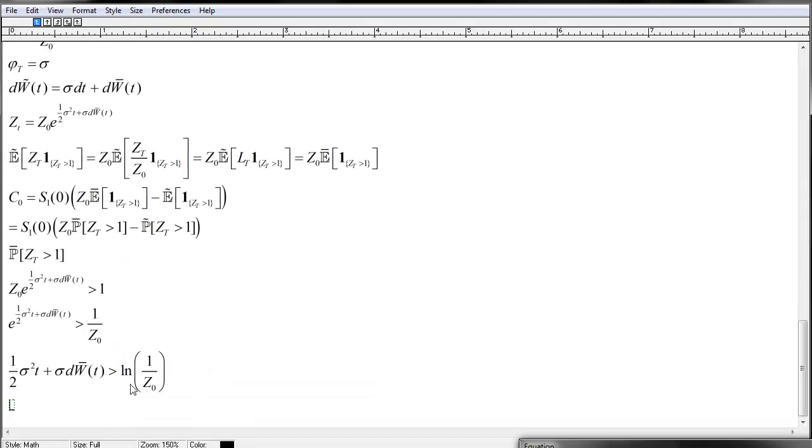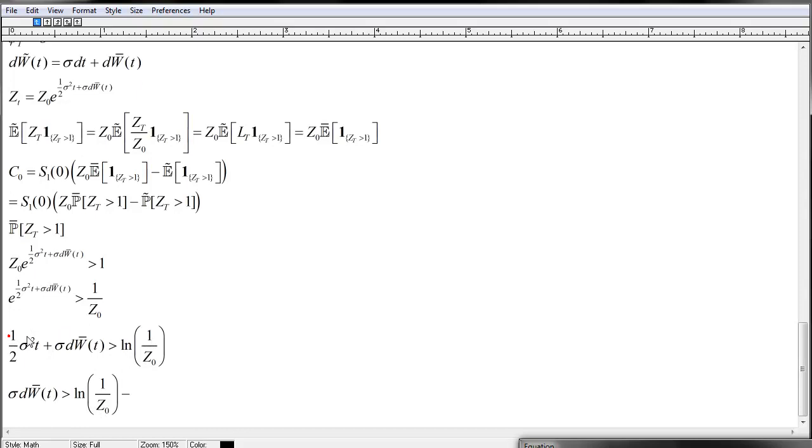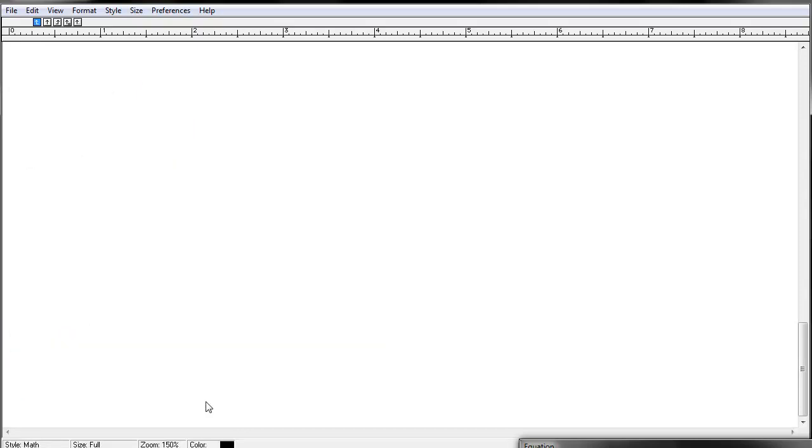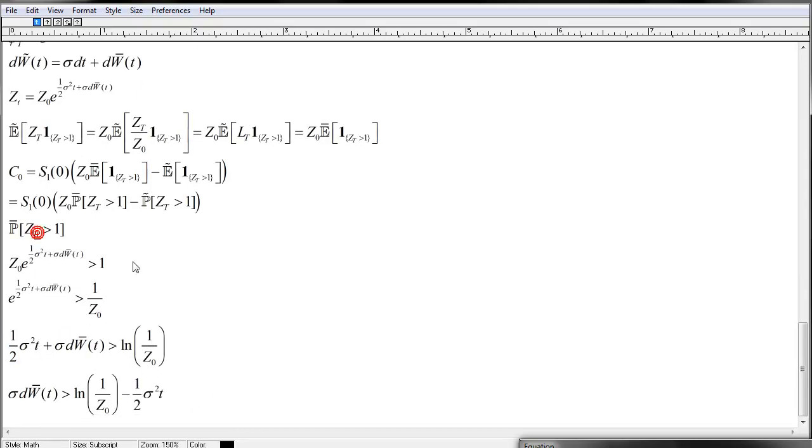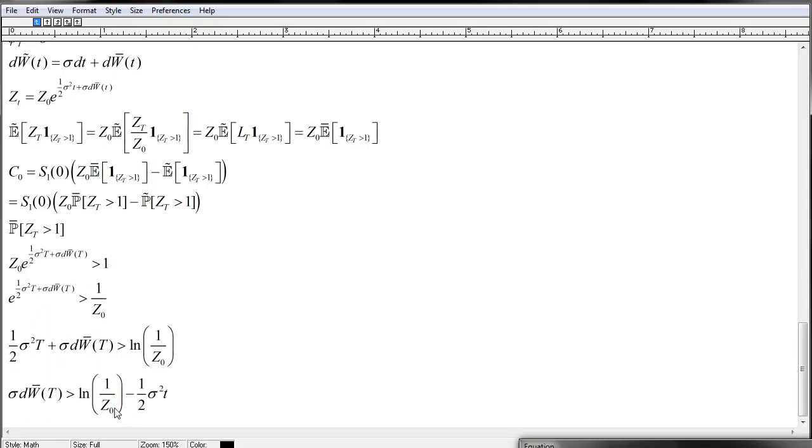I just rearrange this. I keep this one on the left hand side and move the rest to the right hand side. I forgot to use the big T, but it's not a big failure, just a few changes. Okay, that's it.